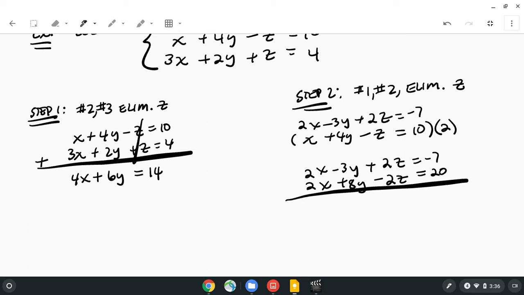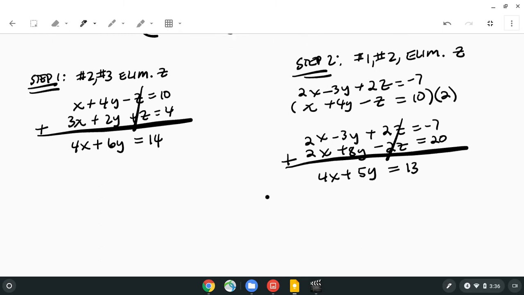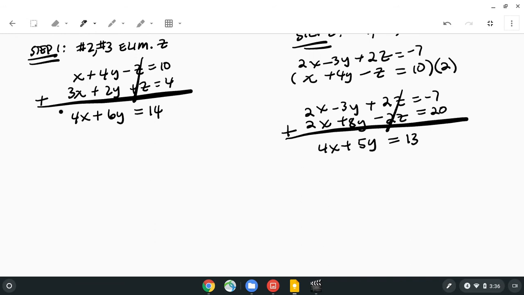Okay, so when I add these two equations here, the z's do get eliminated, and I get 4x plus 5y equals 13. Okay? All right, so now we end up with these two equations, right?